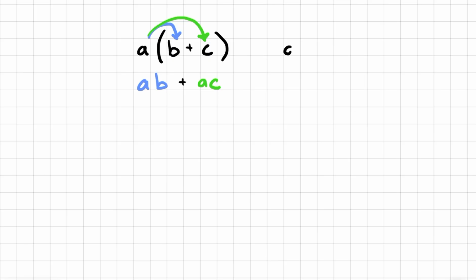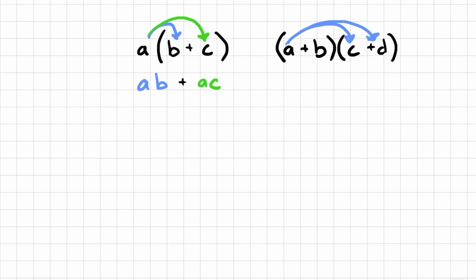Say I have something more complicated, like this going on. What it is saying is I can take each part of the first equation and multiply it into the second equation, okay?